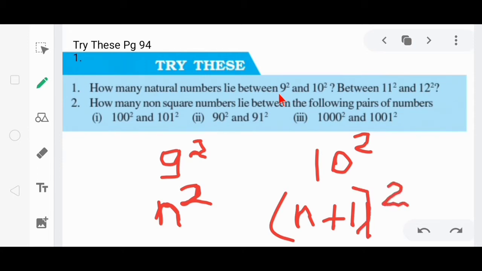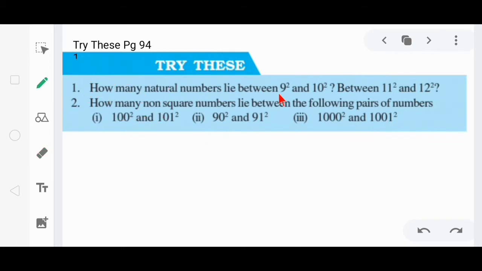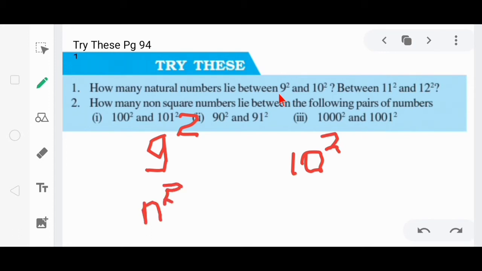So our answer comes 2n. The total number of non-square numbers is 2n. Here you can see the first number is 9 square and the second is 10 square. 9 square is the n square and 10 square is n plus 1 square.